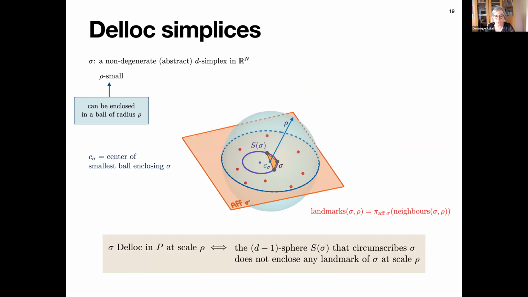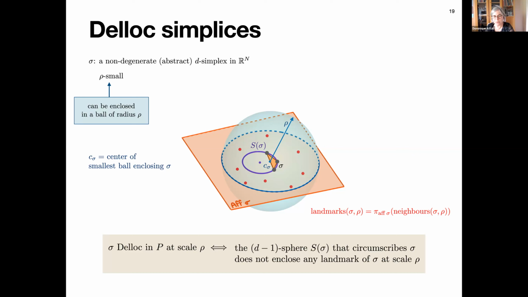And so a simplex sigma is going to be Delloc at scale rho if the circumsphere of sigma does not enclose any landmark of sigma.